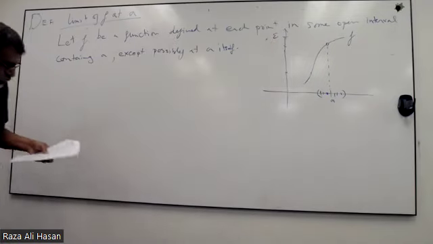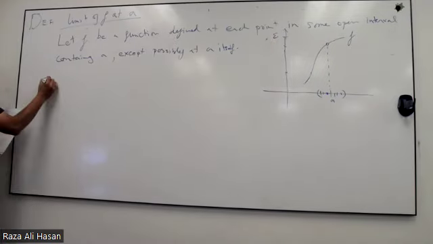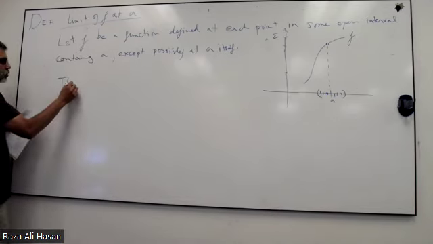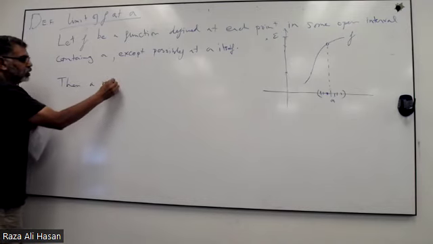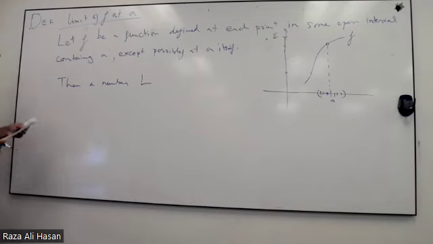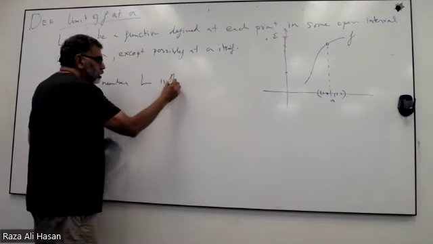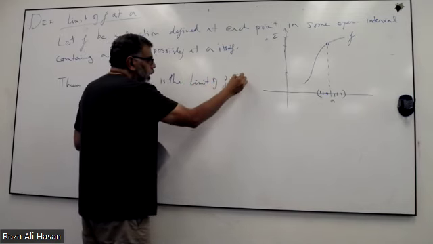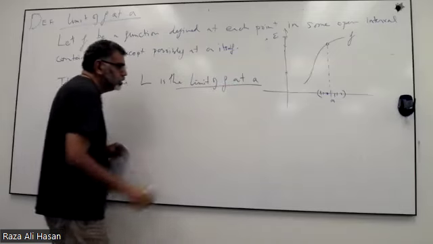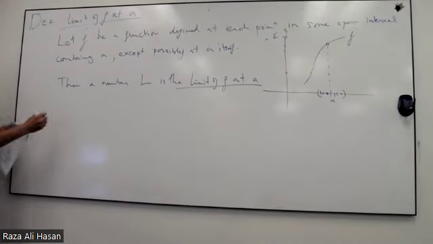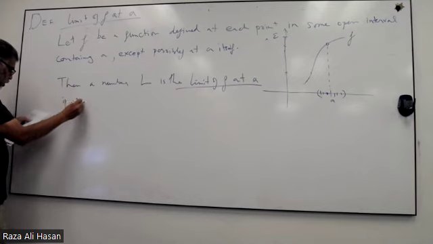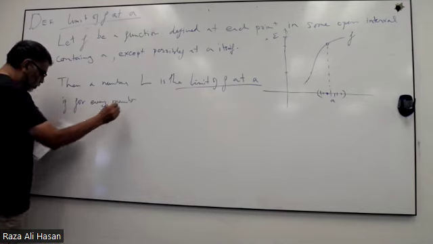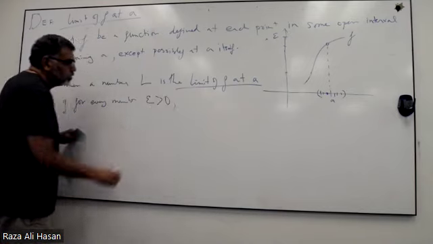So, if this is the picture we have, then a number L is the limit of f at a, so I'm going to underline that, if for every number epsilon greater than 0.